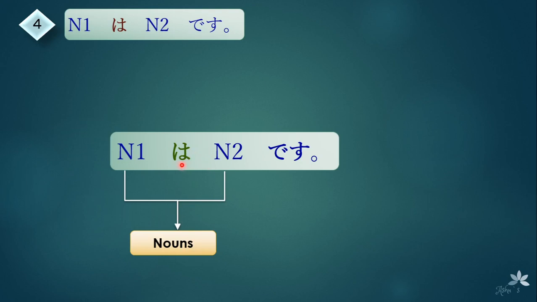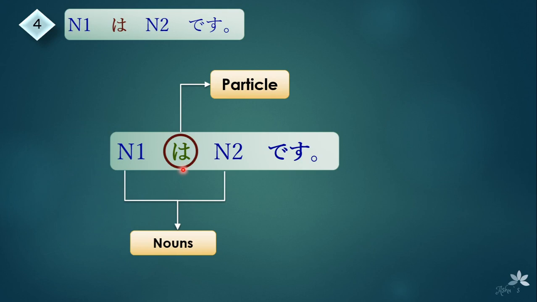The letter here is ha, but when used as a particle to connect two nouns, you read it as wa and not ha. So you should read this sentence as N1 wa, N2 desu. Okay?